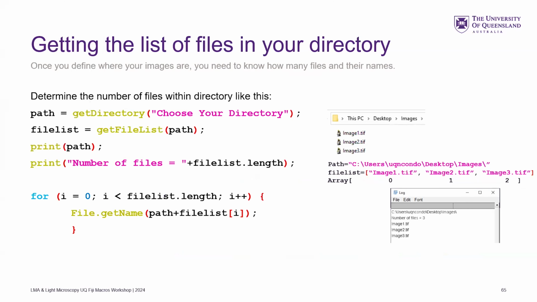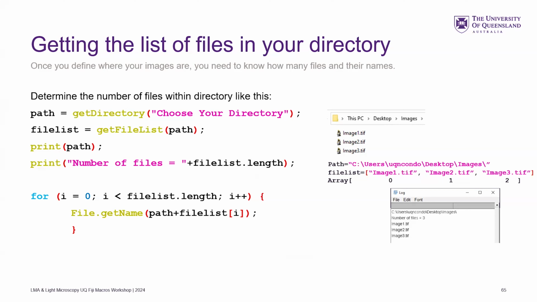Once you've got a location that you've got your images in, you can look in there and get the list of files in that directory. So if we have path equals getDirectory, it pops up, you navigate to a folder, and that has some kind of string. You can say the file list is getFileList of path, so it will tell us what's in the folder.